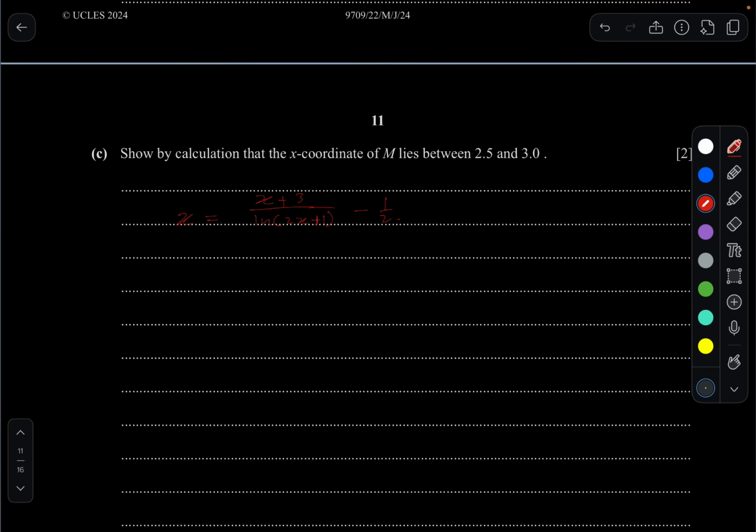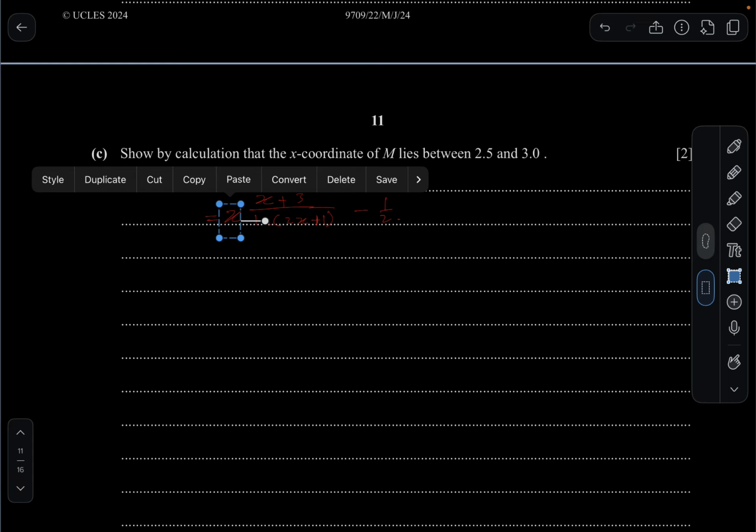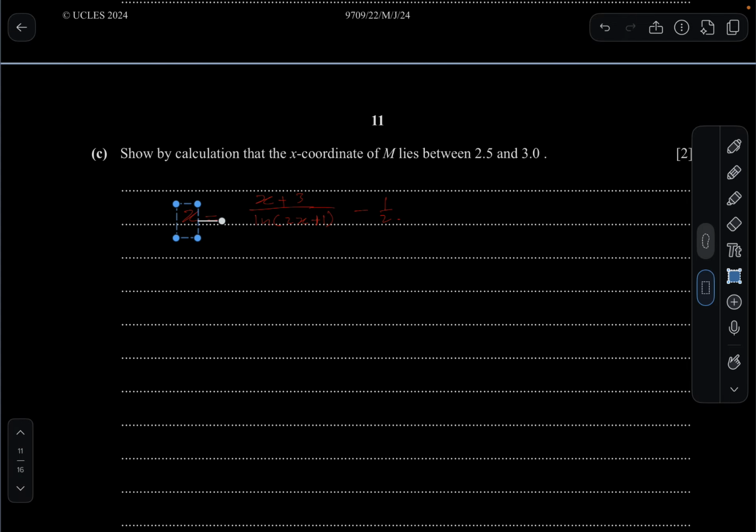The first thing you do here is basically take this x, that side, across the border. Or you can pretend as if you took everything to this side. Then it becomes 0.